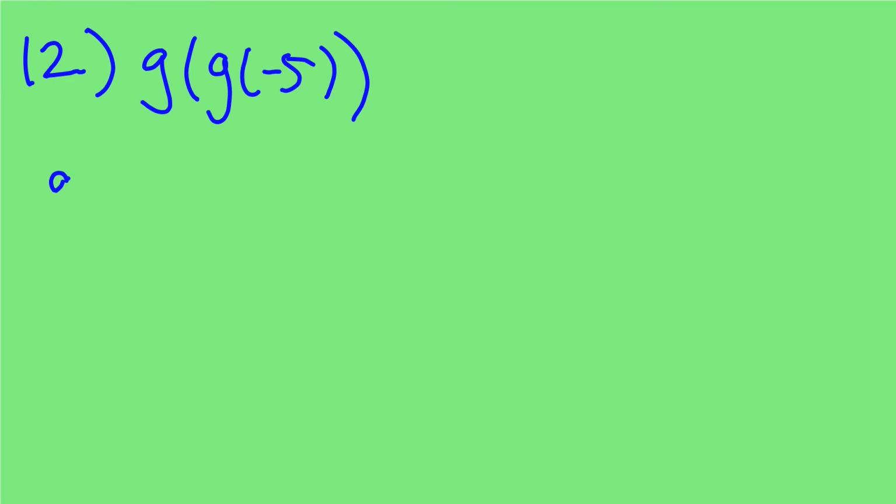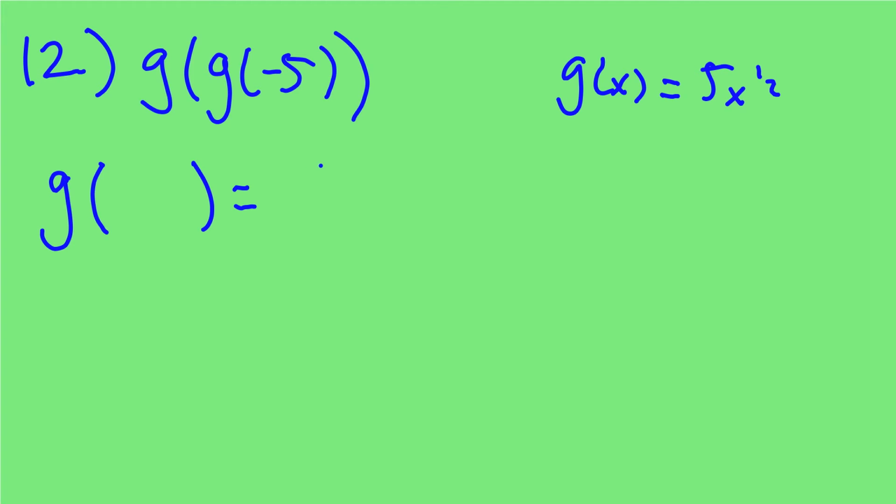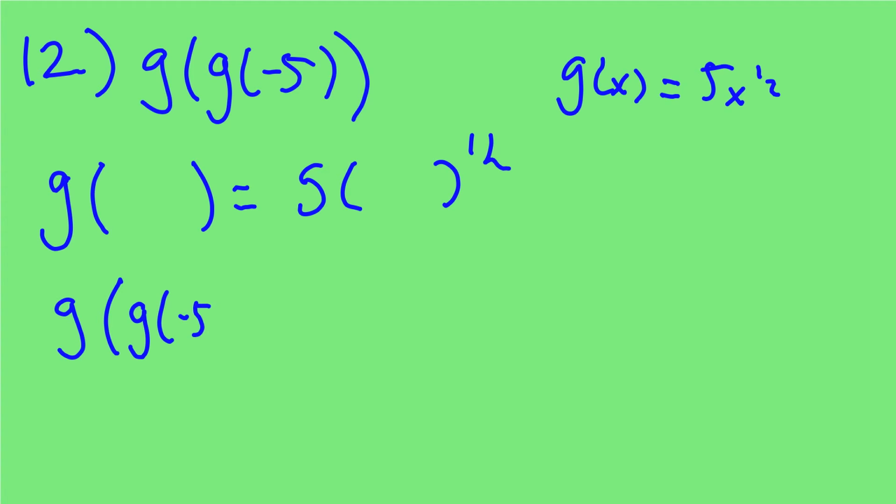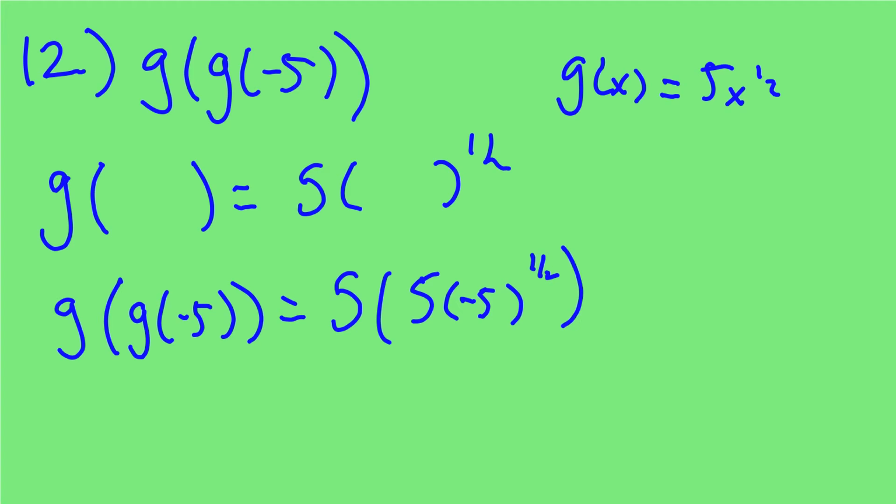Alright, 12. I have g of negative 5, so I start off with g of big blank space. Remember, if g of x is 5x to the 1/2, that means g of big blank space is 5 big blank space to the 1/2. So then I put g of negative 5. So I have 5, and in parentheses I put 5 times negative 5, to the 1/2. And remember, it's still all to the 1/2. So now I'm just going to do some simplifying. 1/2 and 1/2, that becomes 1.